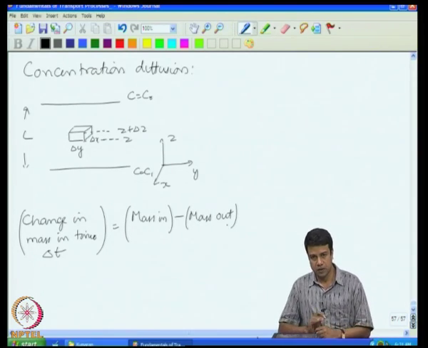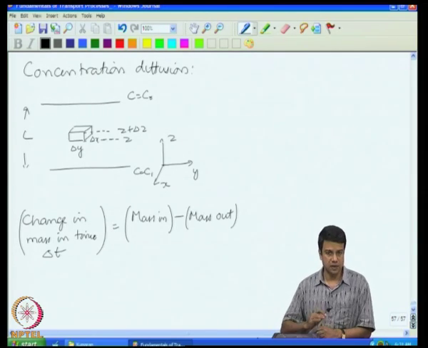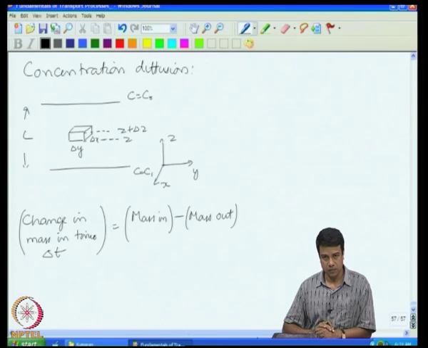There could be sources and sinks of mass as well. For example, I could have a reaction taking place which is generating some product species, and consuming the reactants, in which case the concentration will have sources and sinks in it. For the moment, let us not consider that. Let us just consider a case where the mass itself is conserved and there are no reactions taking place.